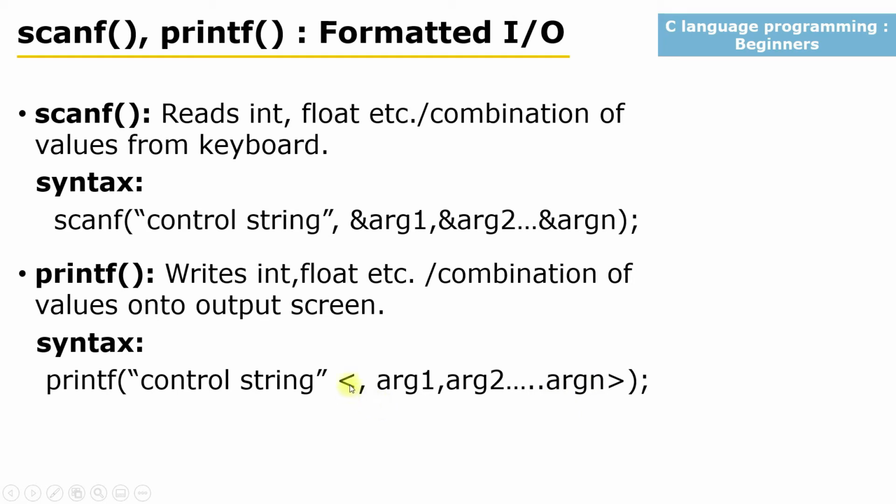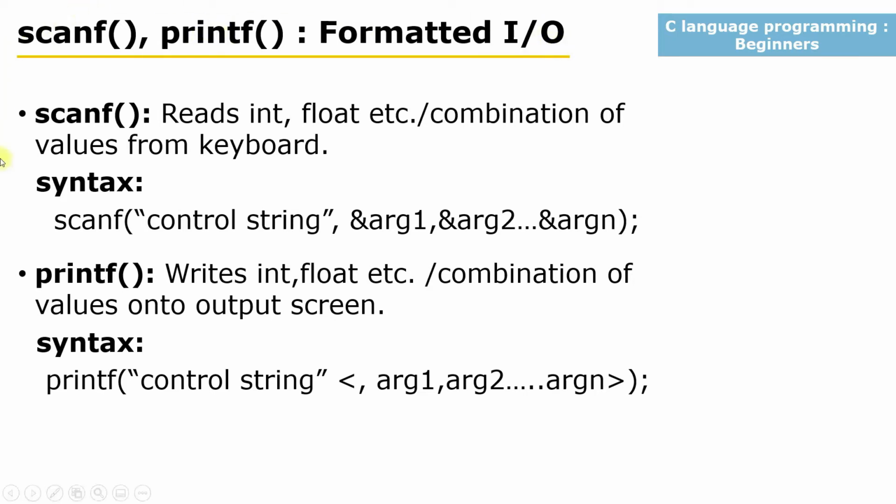That's why I represented them between opening angular bracket and closing angular bracket. It means we can use printf only with a control string. Okay, we will see this with an example. And these scanf and printf functions are also called formatted IO. It means formatted input is scanf and formatted output is printf.